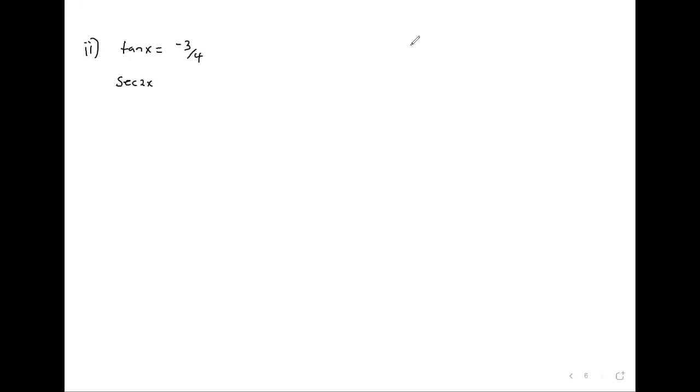Now sec 2x is the same as 1 over cos 2x. But cos 2x, you guys notice that it was cos squared x minus sin squared x. I can as well write it as cos x squared minus sin x squared.